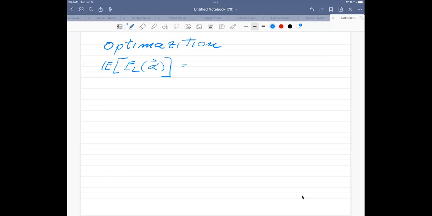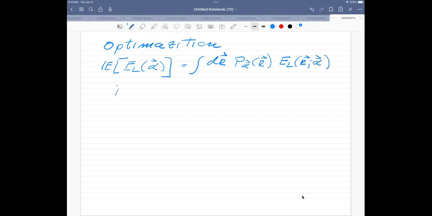And that's given by a multidimensional integral, where we now have this probability, which is a function of these vectors alpha and r, multiplied with the local energy, which is a function of both alpha and r.